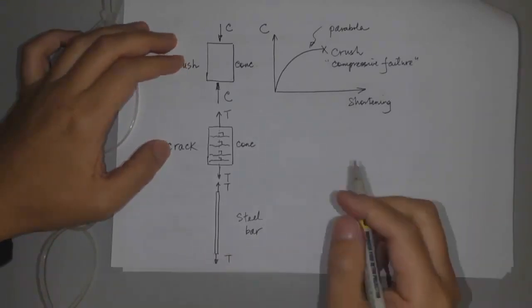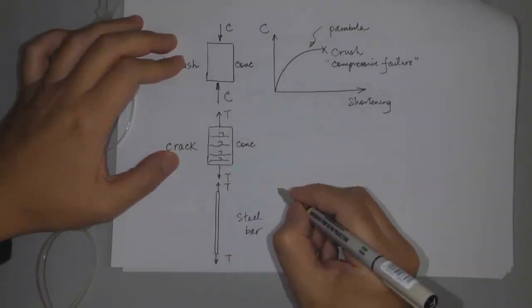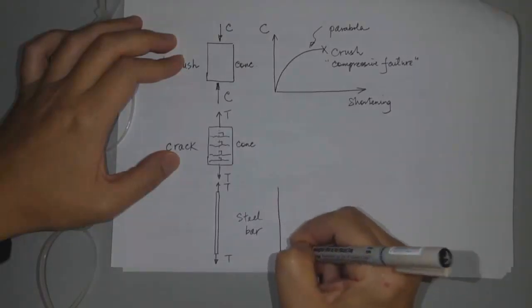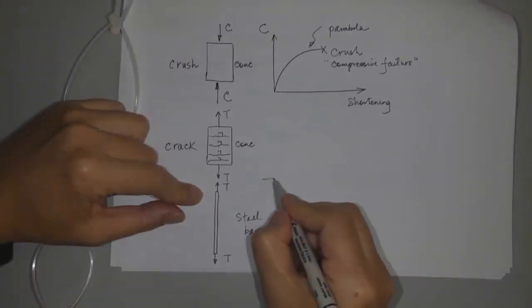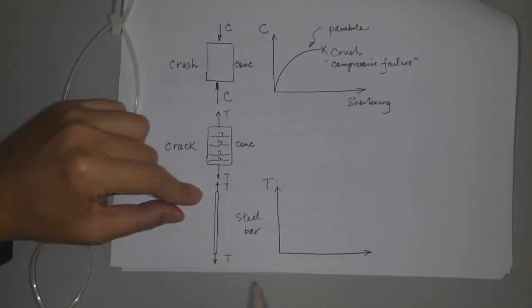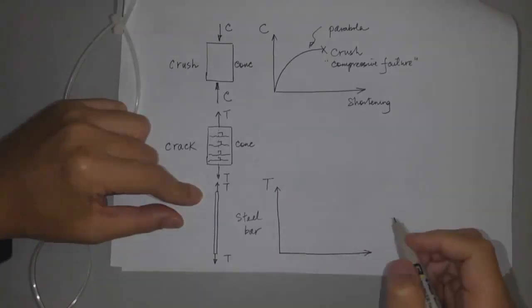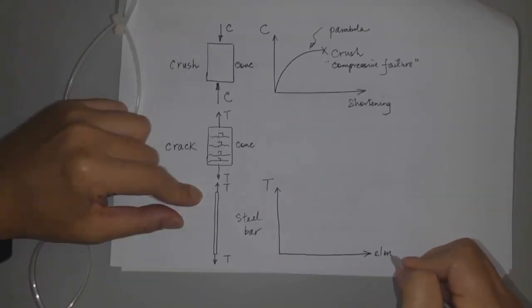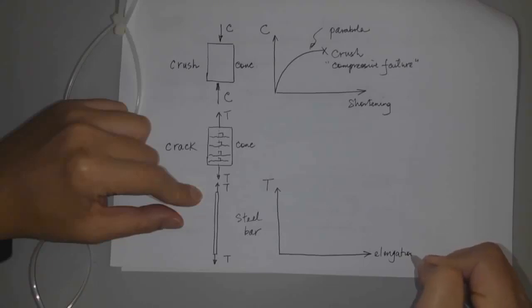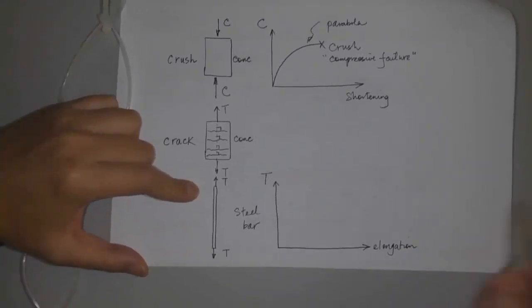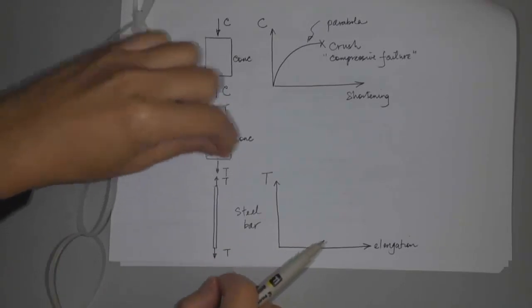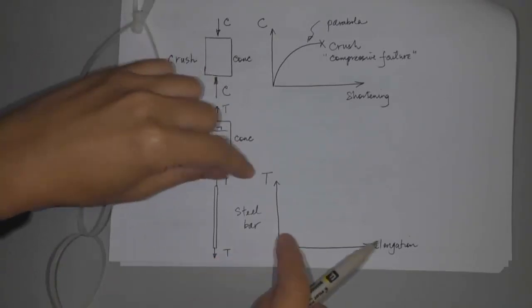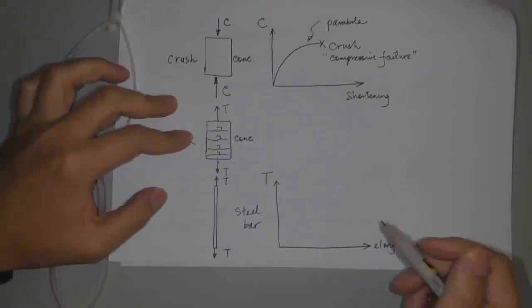So you can do such an experiment, and from the experiment you can trace the graph. Of course, this time you plot tension against not shortening, but elongation. You try to trace how this bar gets longer, by how much when T reaches a certain level.